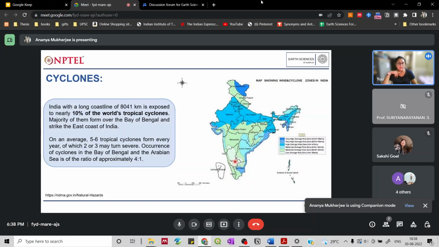But sometimes, when the landfall does not happen right at the coastal areas, it sometimes moves inland. And sometimes even if there is no landfall, the weather conditions in central India are affected due to such cyclonic disturbances.